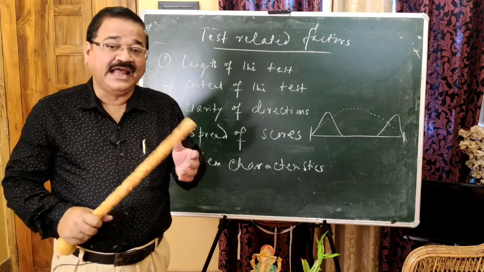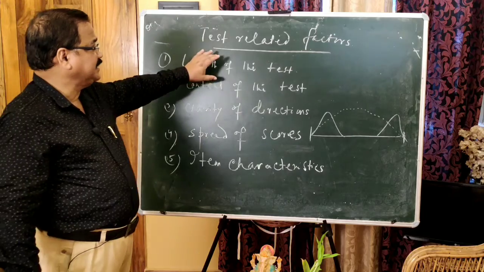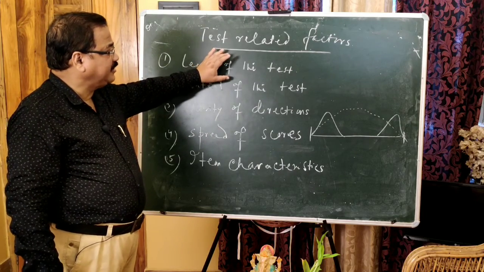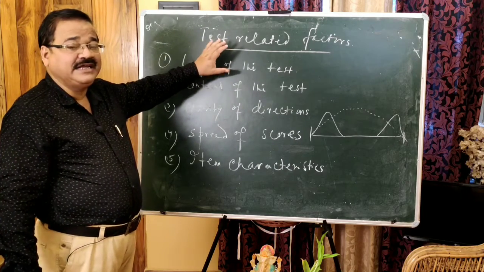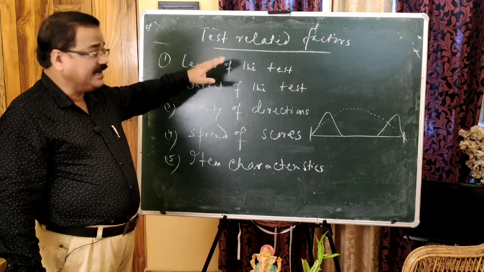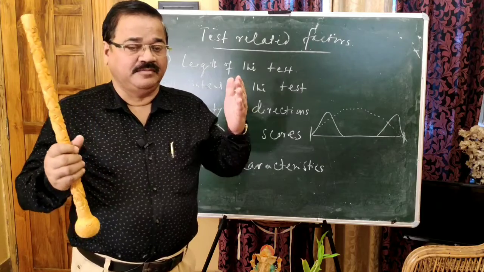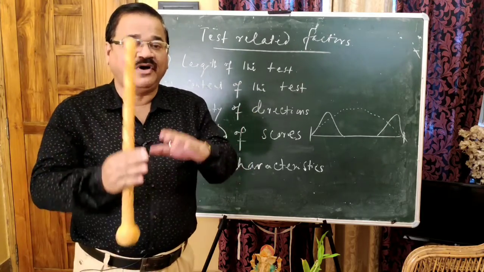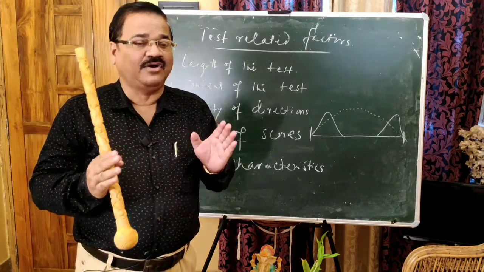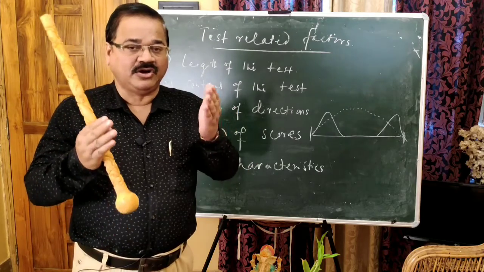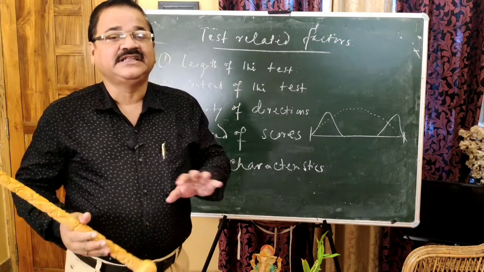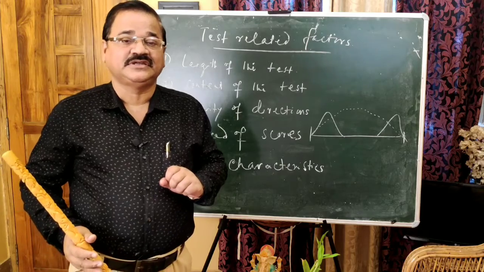That's why the length of the test determines the reliability as well as validity. That is why the length should be as large as possible to cover all the areas of studies or content areas as well as the instructional objectives.